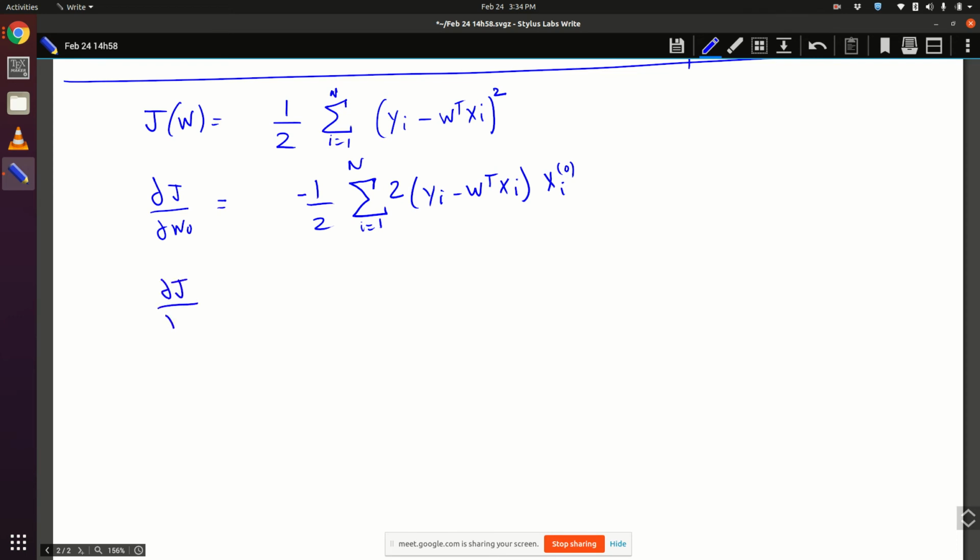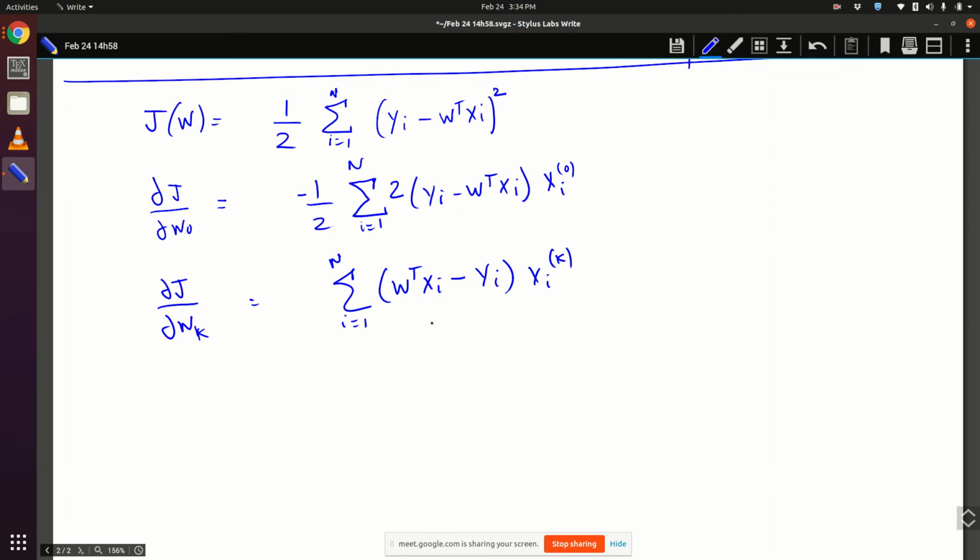Likewise for a general Wk, the kth component will be exactly similar. You will have W transpose xi minus yi, where this minus half I have pulled in, summed over i going from 1 to n, times xi of the kth component. So this is what it will be. First of all, this is going to be some number.